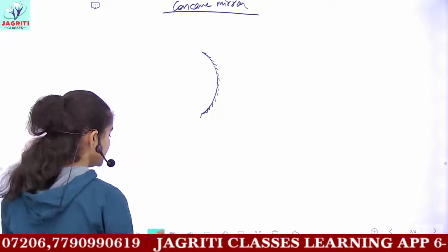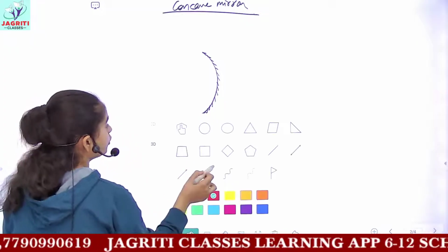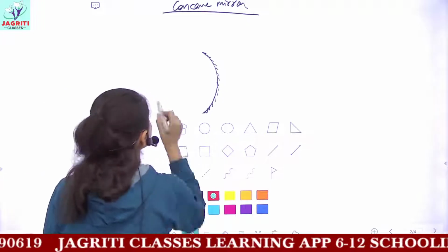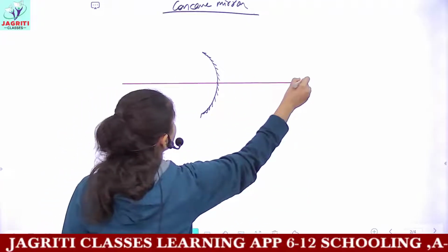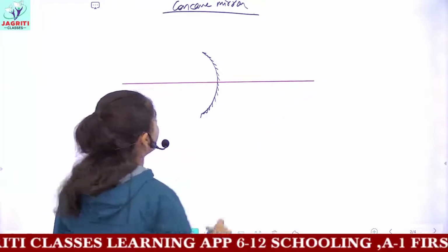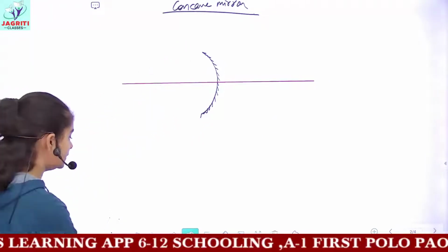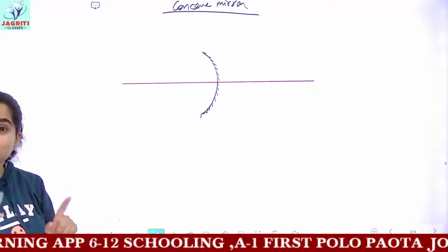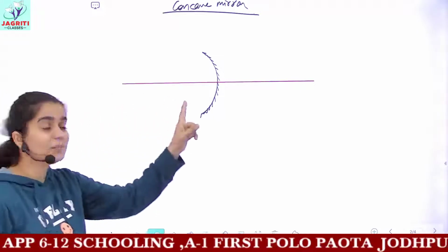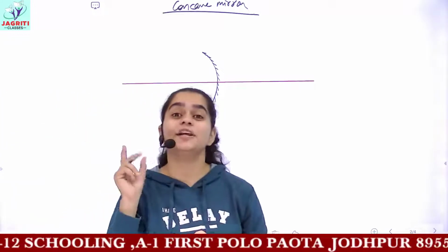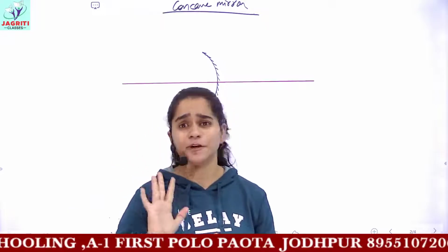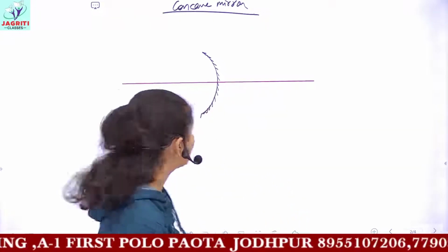So this is a concave mirror. Then after drawing the mirror, you have to draw a straight line passing through the exact center. You can make it approximately at the center, and this straight line is your principal axis. You should remember the terms: the pole of the mirror, principal axis, focus, center of curvature. We have discussed them in great detail.